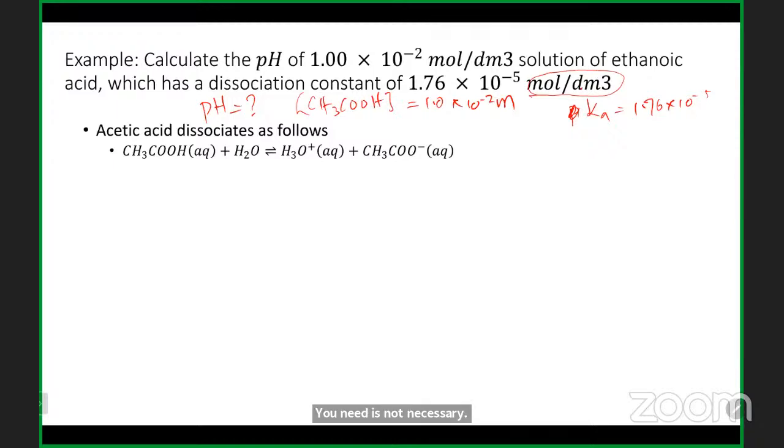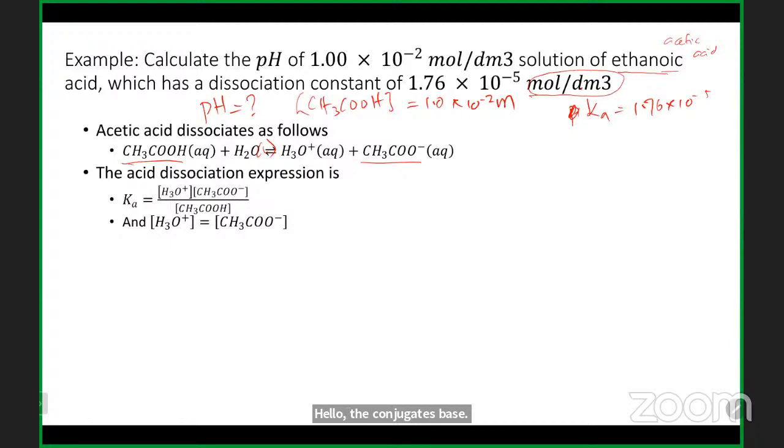Acetic acid, that is ethanoic acid. Ethanoic acid is also acetic acid. That's the formula CH3COOH. If you put it in pure liquid water, it dissociates as H3O plus and the conjugate base.